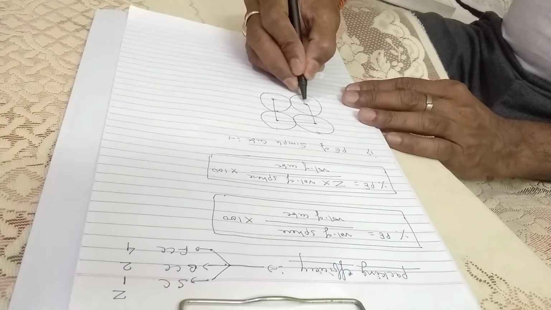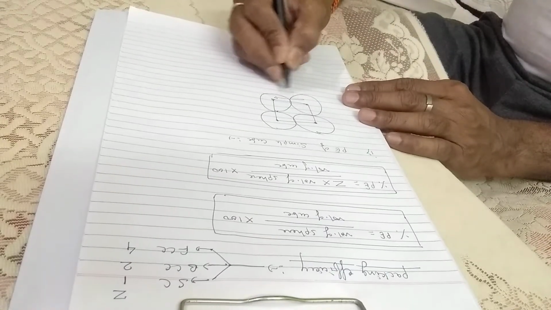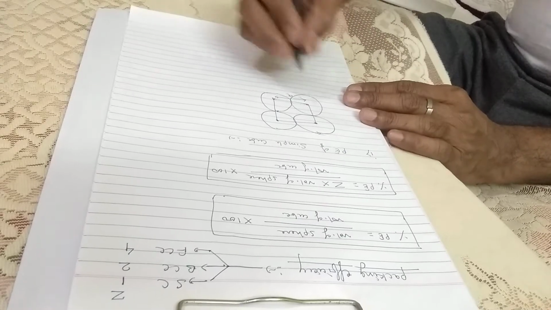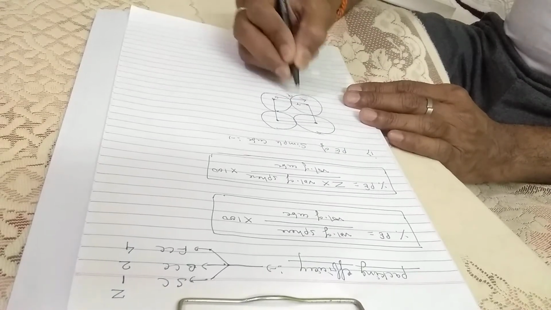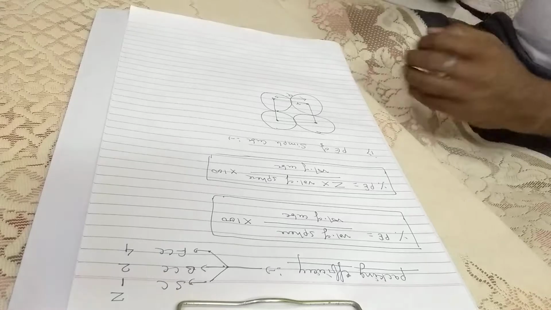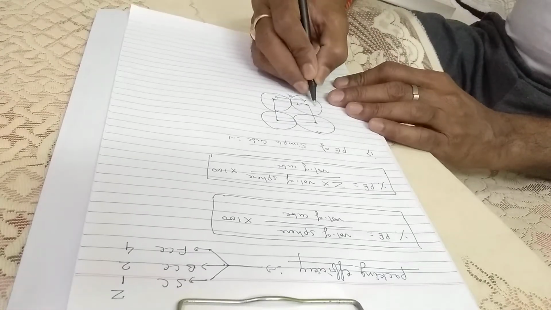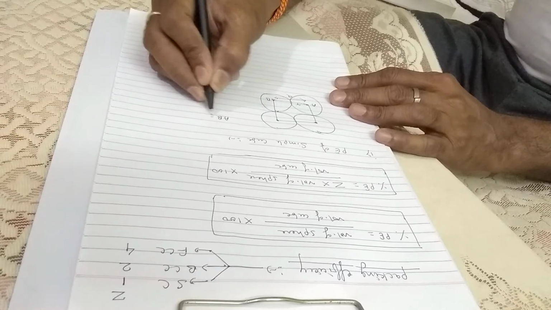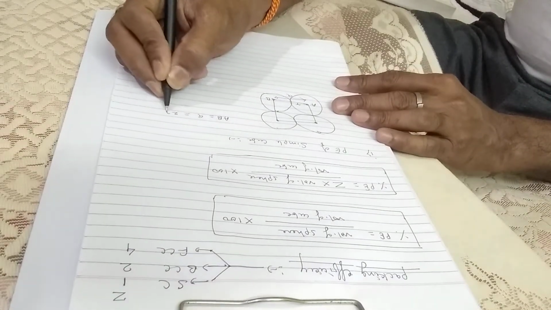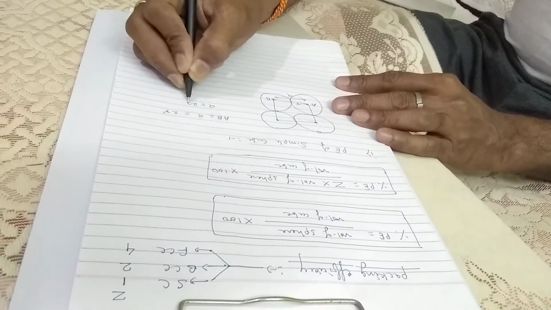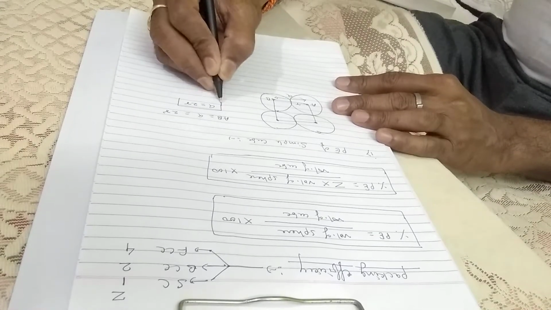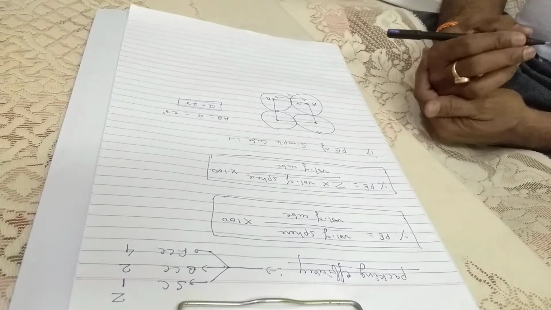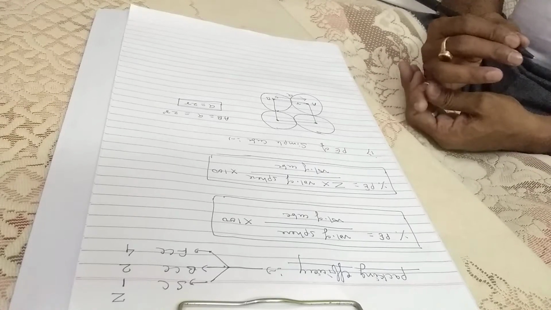Now here this distance is said to be a, that is edge length, and from here it is said to be r, radius, right? So on the basis of this AB as an edge, I am writing AB is equal to a, and that is equal to 2r. Therefore a is equal to 2r, right? Edge length and r in case of simple cube, they are related as a equals 2r.